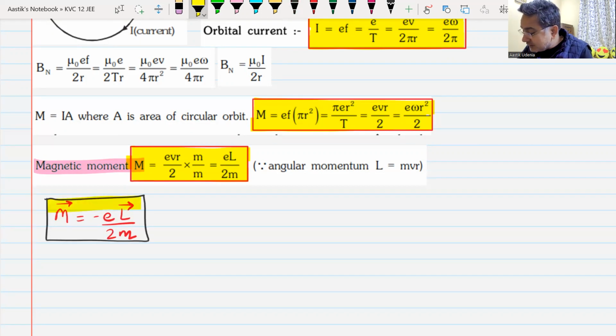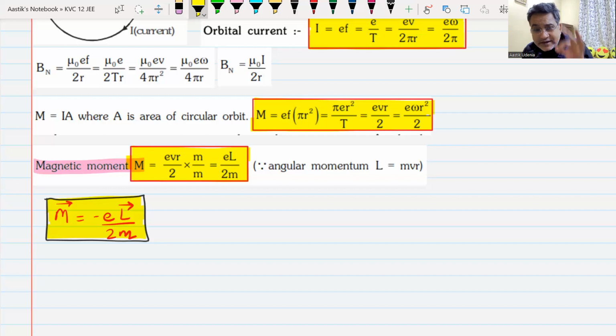So this is the relation between magnetic moment and angular momentum, given vectorially. If the charge is negative, they are opposite to each other. If the charge is positive, they are in the same direction. Do we understand this?